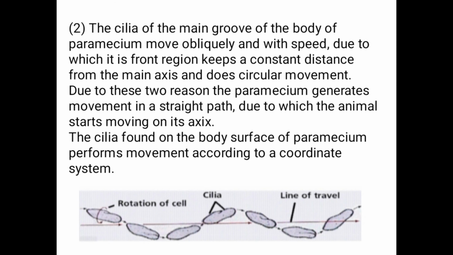Second, the cilia of the oral groove of the body of paramecium move obliquely and with speed, due to which its front region keeps a constant distance from the main axis and does circular movement.